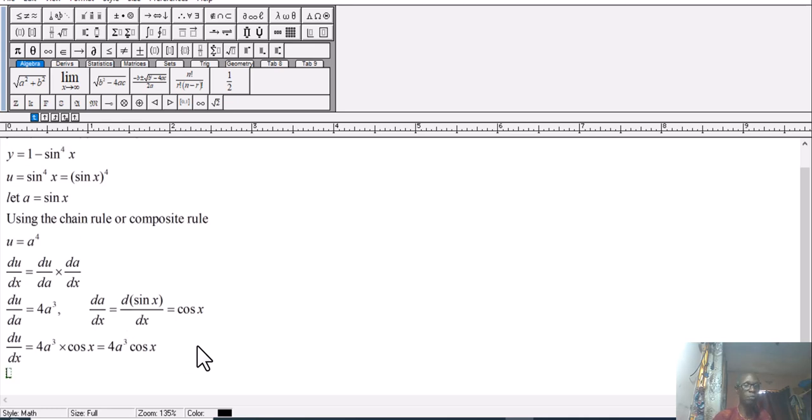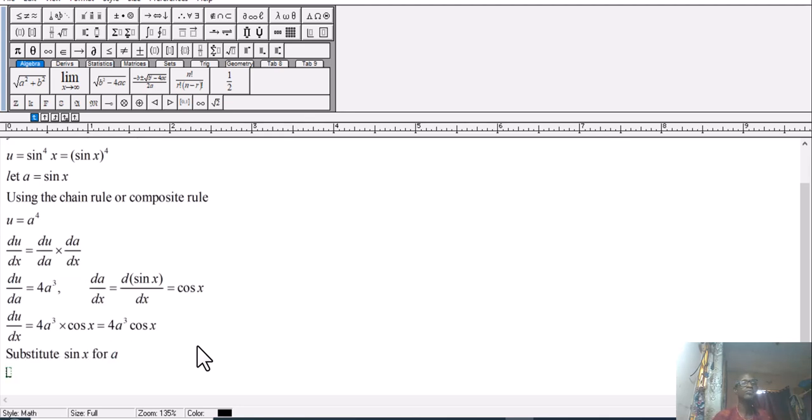We substitute back: substitute sine x for a.